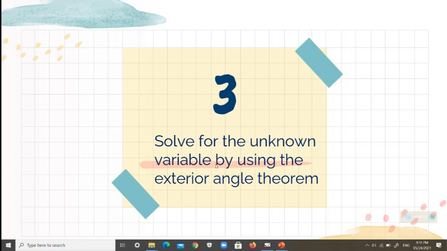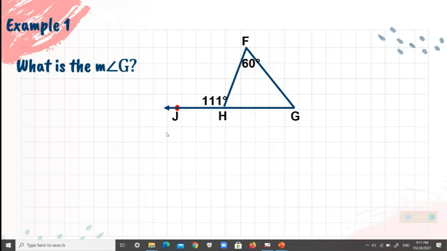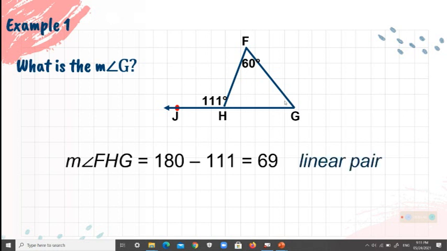Solve for the unknown variable by using the exterior angle theorem. Okay? So what is the measure of angle G in our example 1? We have here the given measure for the exterior angle, and the measure for angle F, and you are going to look for the measure of angle G. So what are you going to do to find the measure of angle G?